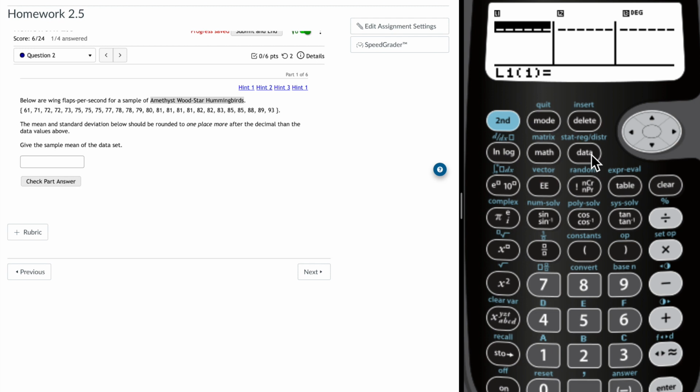So over at the calculator, I'm going to just press the data button and start entering the values.